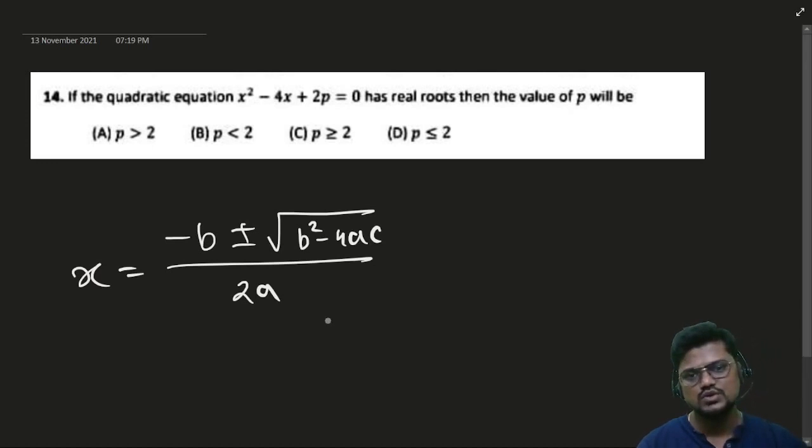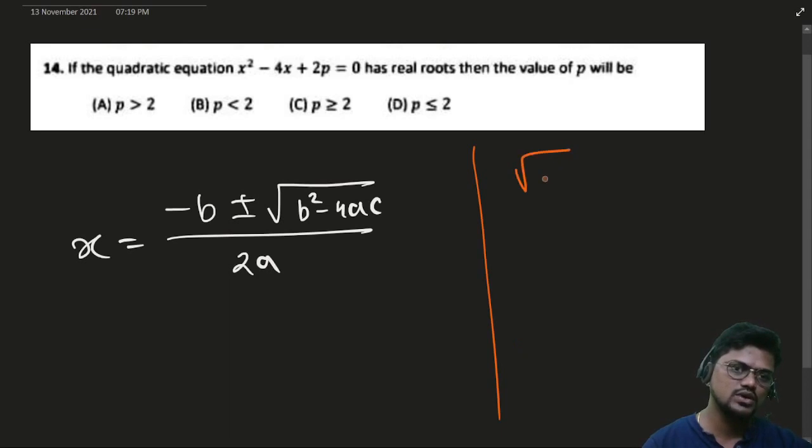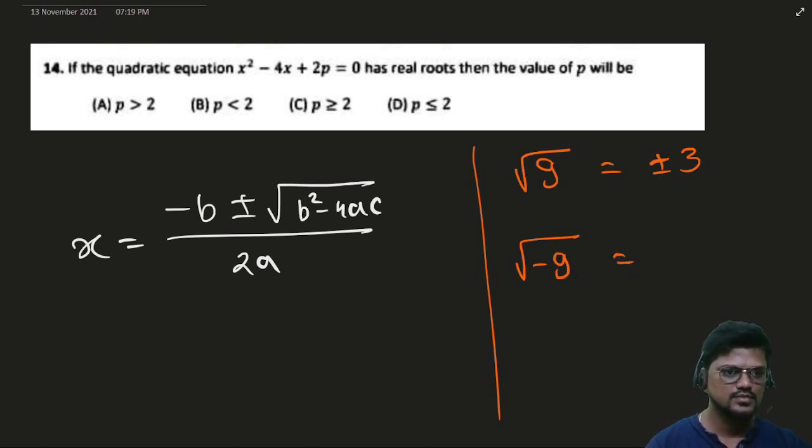This is the formula to find the roots of a quadratic equation. So, first tell me, what is the square root of 9? 3. Plus minus 3. Yeah, it is plus minus 3. What is the square root of minus 9? Not defined.